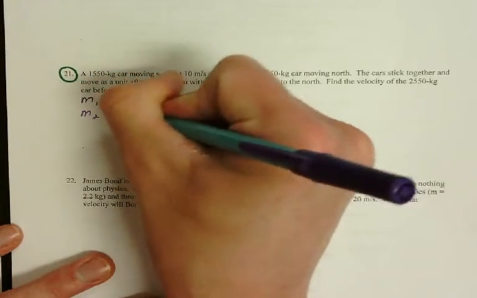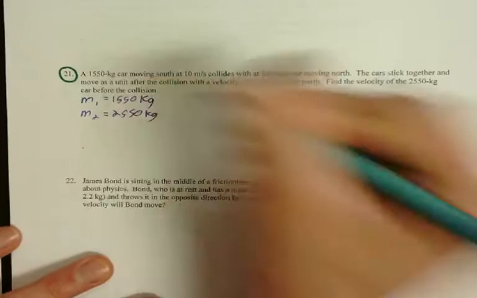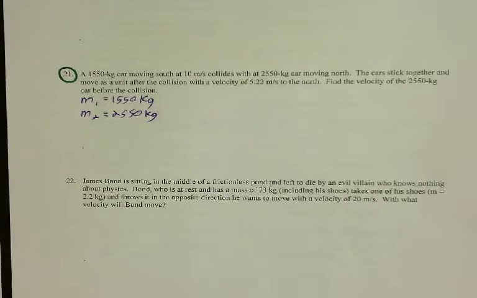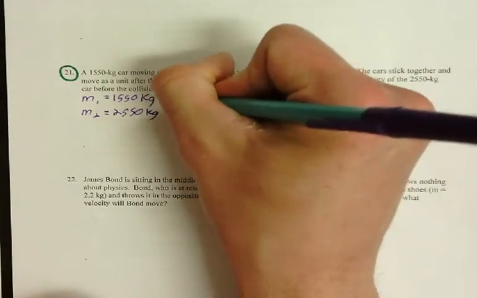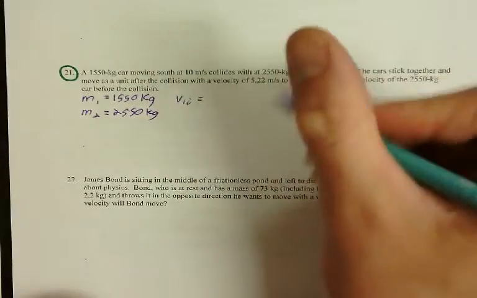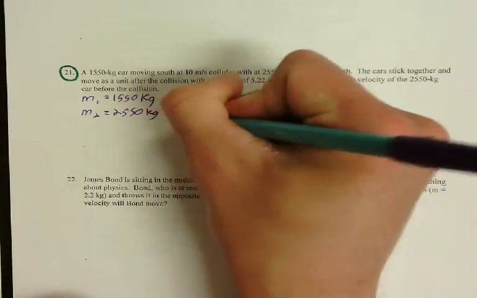is 50. Okay, then we start getting into velocities, and there's two different velocities. There's a velocity before they hit, and then there's a velocity after they hit.